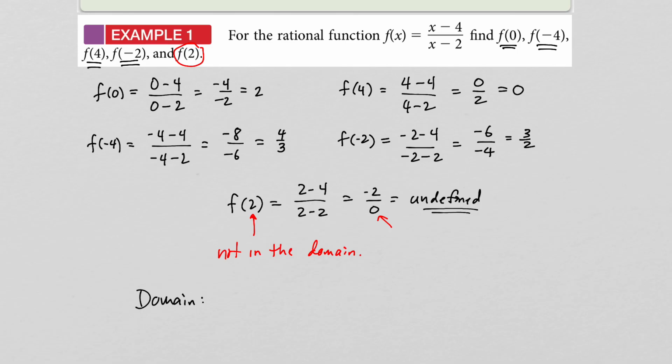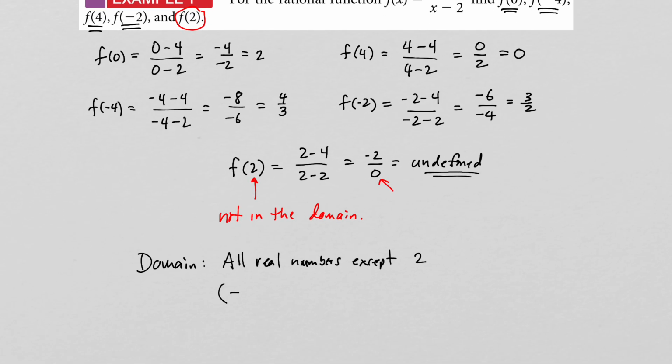So the domain is all real numbers except 2. The way we can write that is all numbers from negative infinity up to positive 2, not including, union all the numbers from 2 up to infinity.